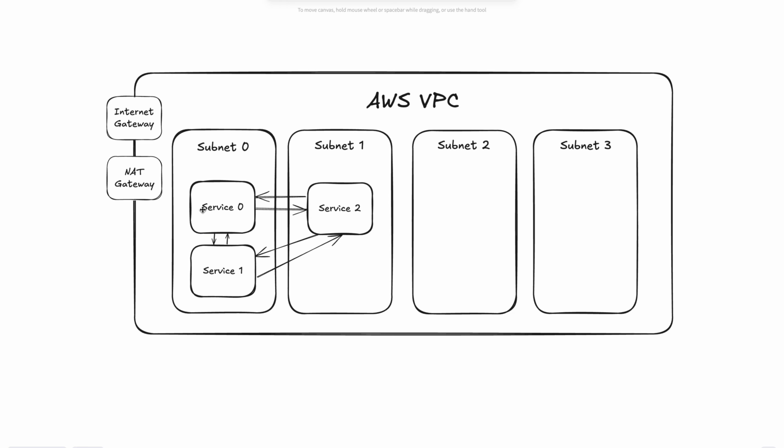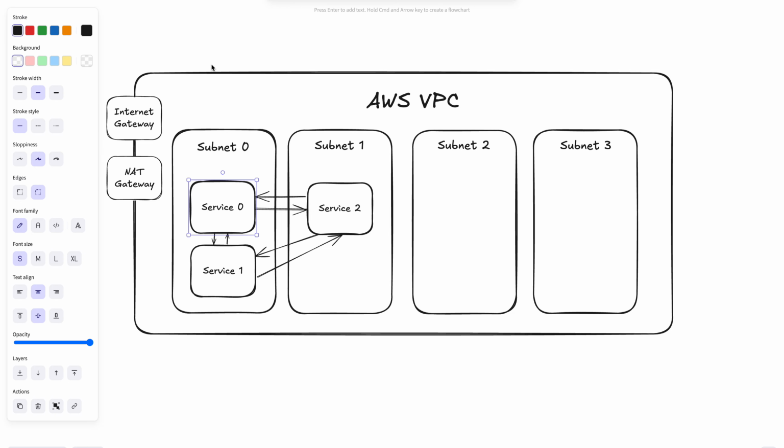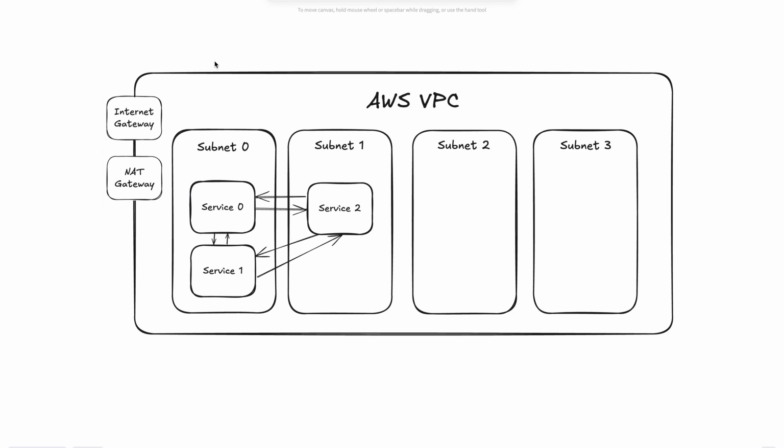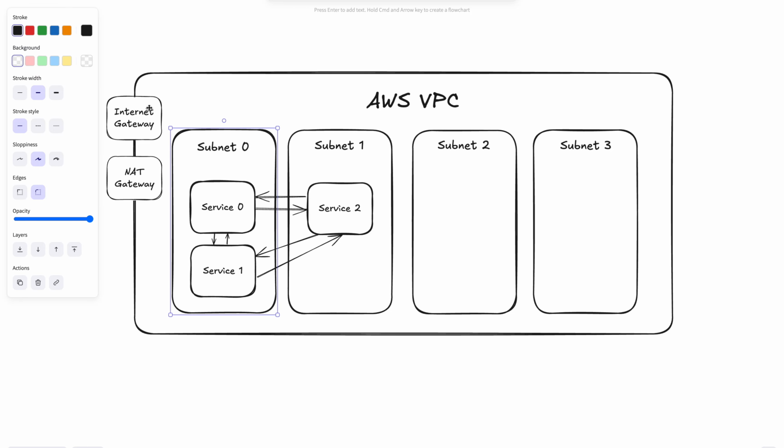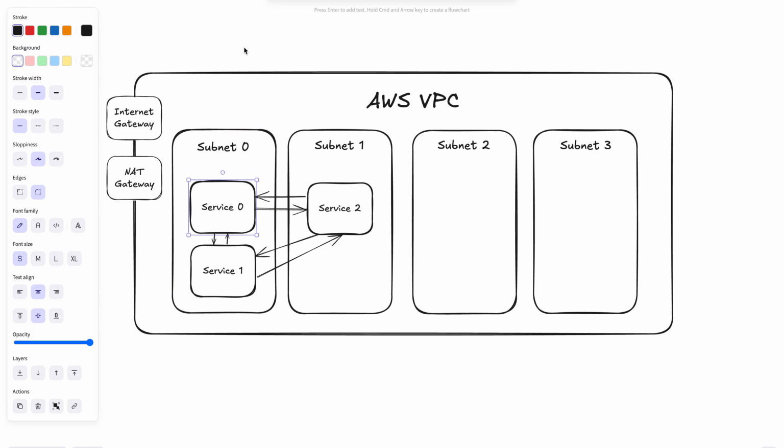However, we want our API to also be accessed from the outside world, from the internet. That's why we need to connect it to the Internet Gateway. We need to set up the Internet Gateway and connect our subnet to it, so all the services located within the subnet will receive a public IP address, which will make them accessible from the internet.